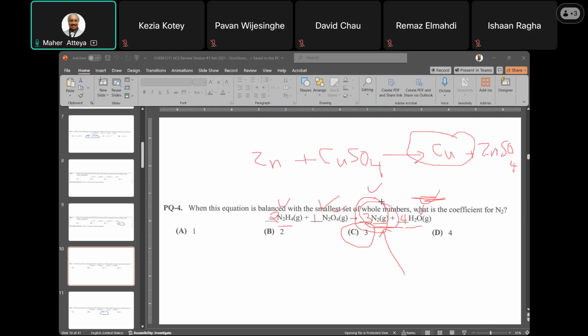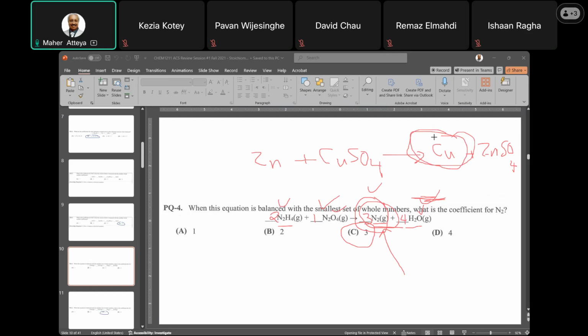Double displacement, they will exchange their what? Their anion. They will change their partners, anion with the cation of the second one. So they will swap. But there is no swap. The nitrogen is kicked out orphan by itself. The same thing here is kicked out by itself, orphan.